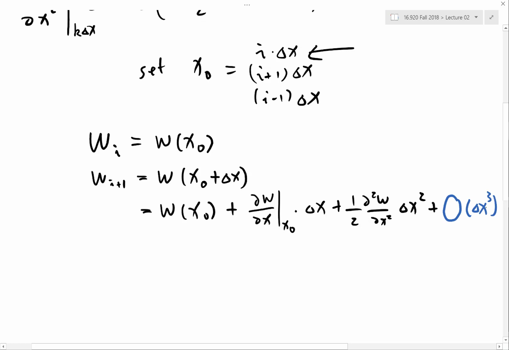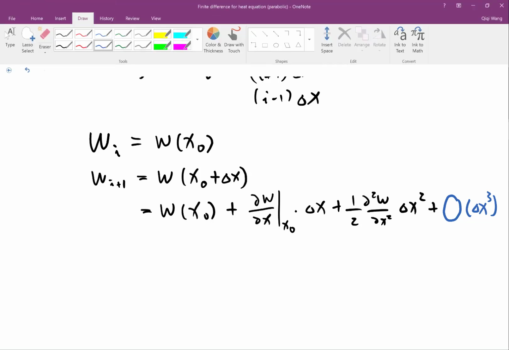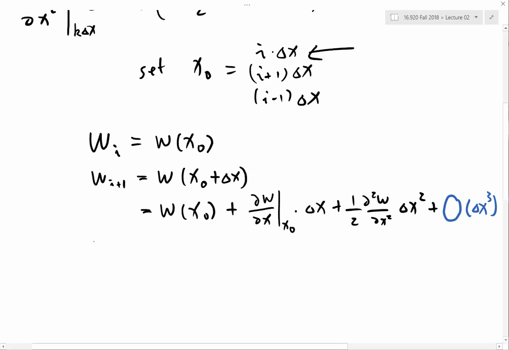It means a summation of terms proportional to delta x cubed, delta x to the fourth, delta x to the fifth, and so on. It can also include terms proportional to delta x to the 3.5. That's all the terms that belong to big O of delta x cubed. So that's our Taylor series for wi plus 1.